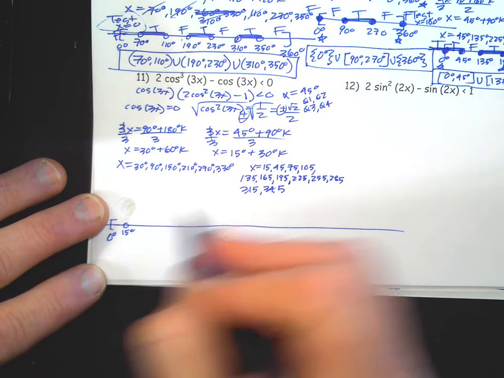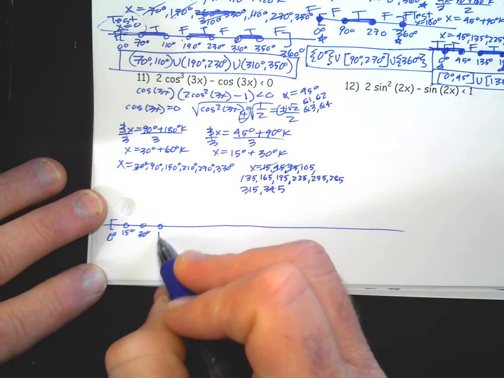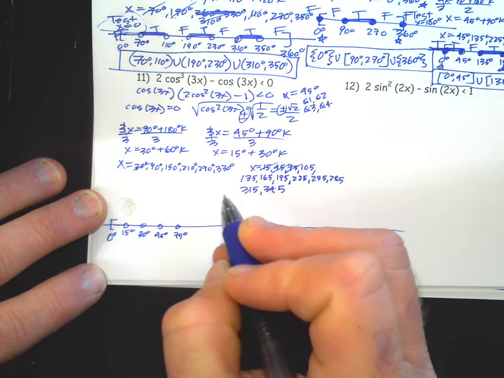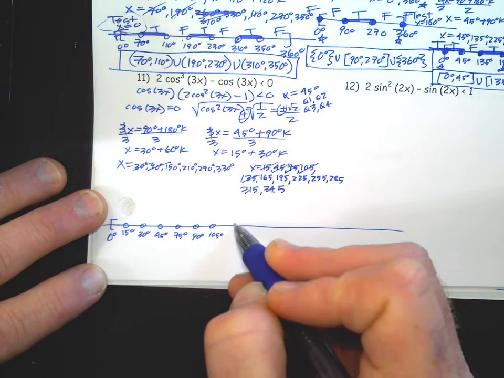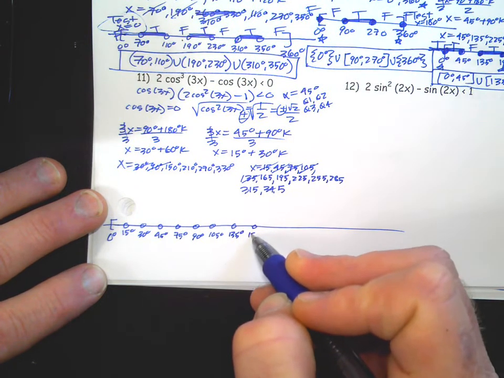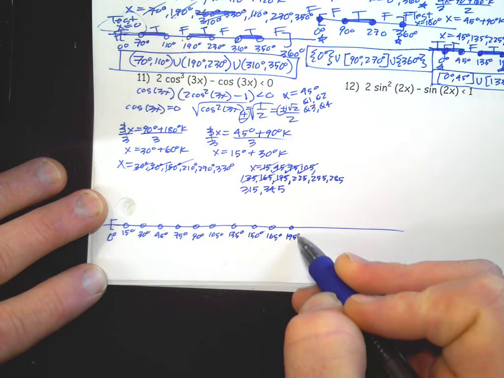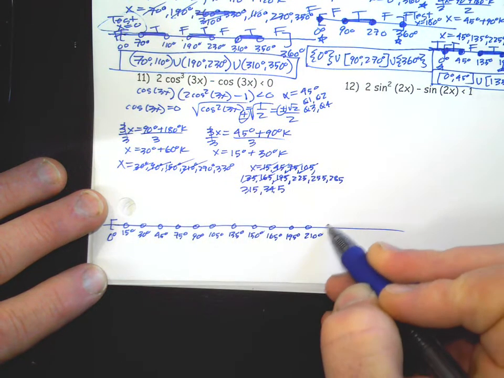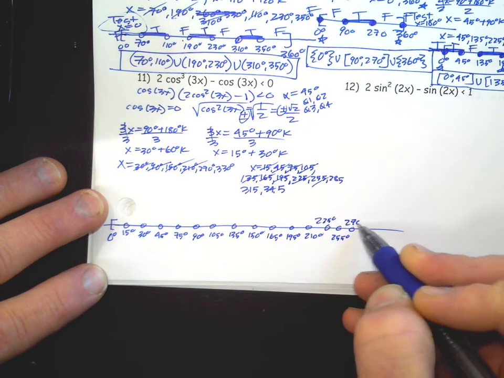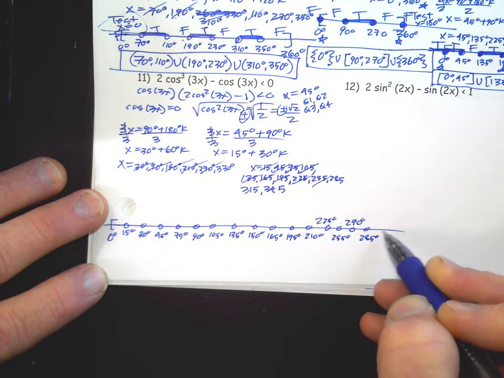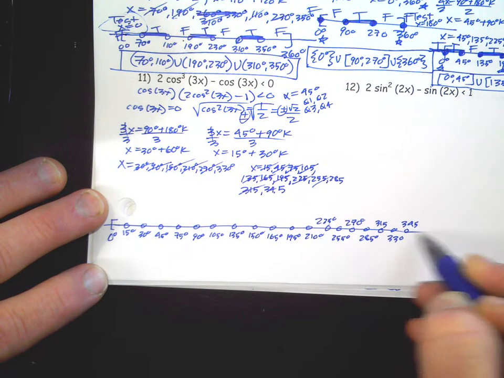So 15, and then 30, and then 45 and 75, and then 90, and then 105, 135, and then 150, and then 165, 195, and then 210, and then 225, 255, and then 270, and then 285 and 315, and then 330, and then 345, and then finally 360 for the boundary.